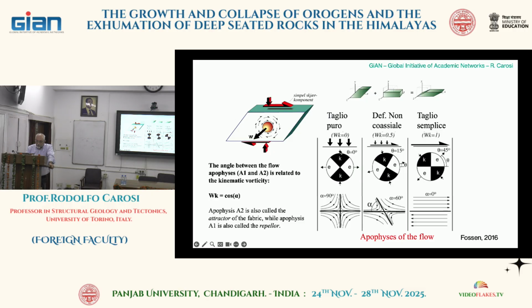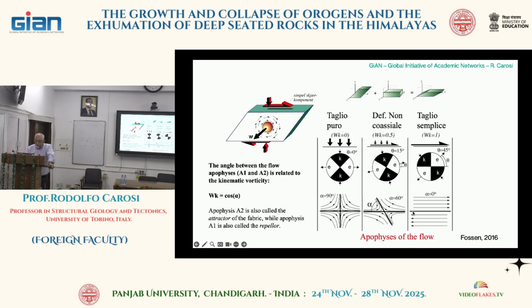This means that during pure shear, all the particles in the field of deformation follow a hyperbolic path like this: rotation to the right, rotation to the left, rotation to the left, to the right. Only along these two lines do the particles follow a straight path. There is no curved path. And these two lines are called apophyses of the flow.